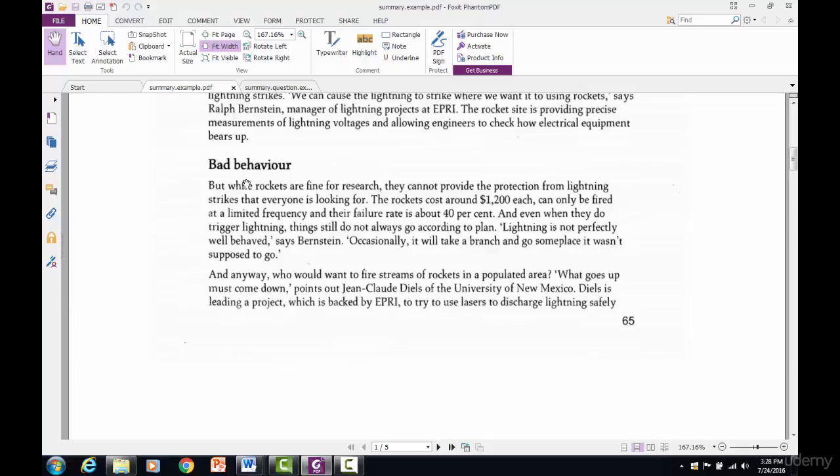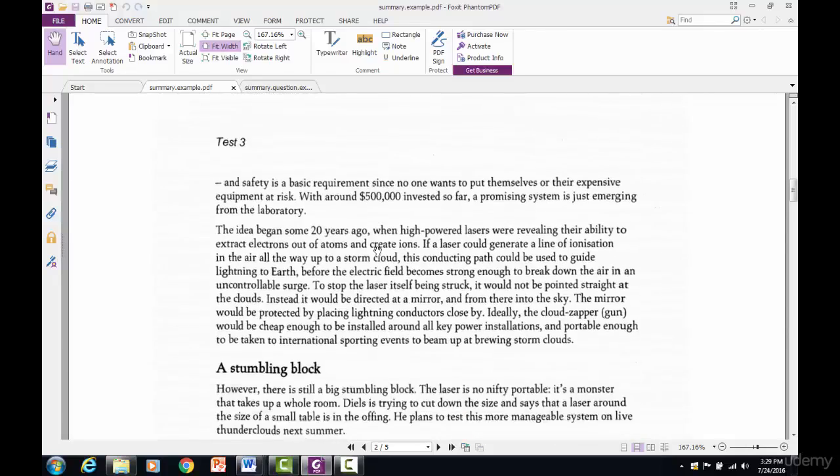That heading of bad behavior let me know that whatever they're talking about in these paragraphs under bad behavior is the dangerous thing. And it looks like in these 2 paragraphs, while the rockets are fine for research, who would want to fire streams of rockets in a populated area? So the bad thing they're talking about is rockets. So the lasers are less dangerous than rockets.